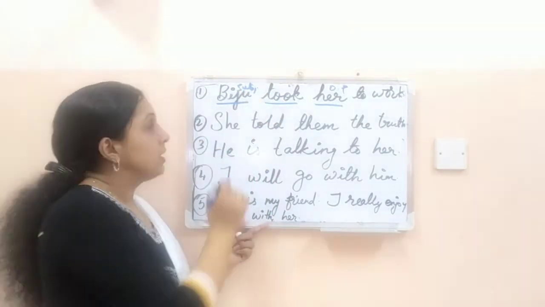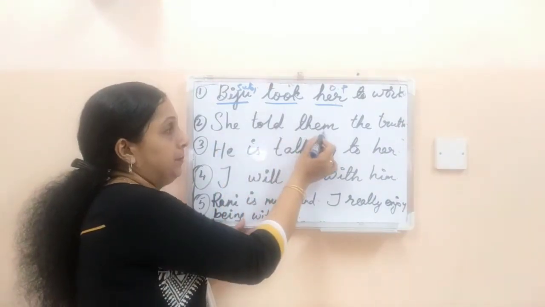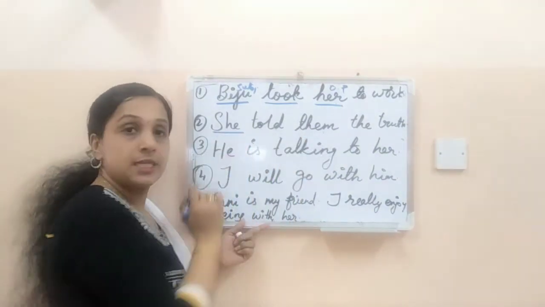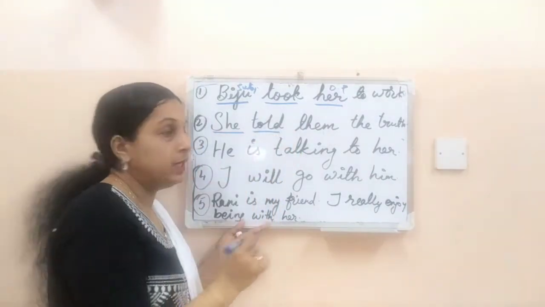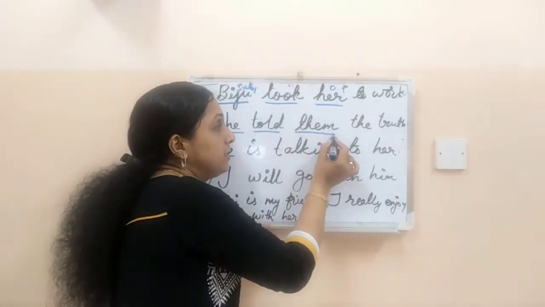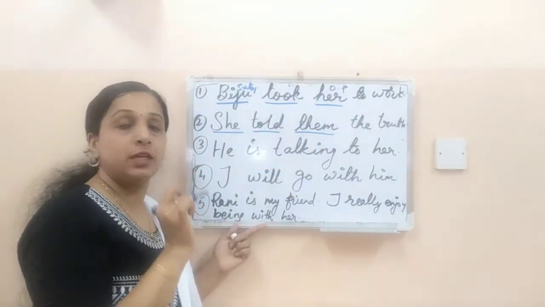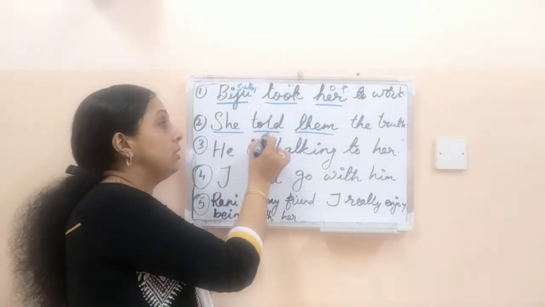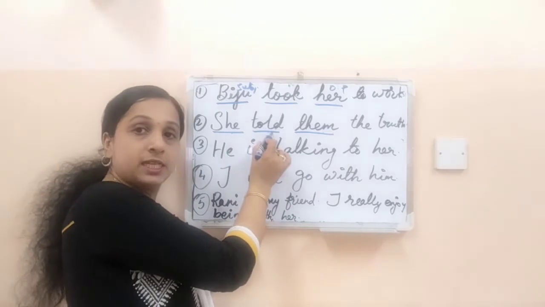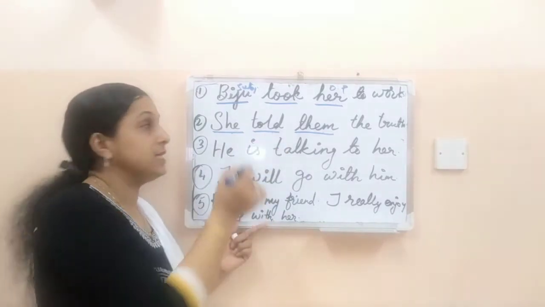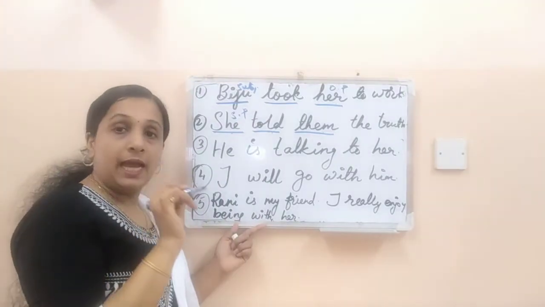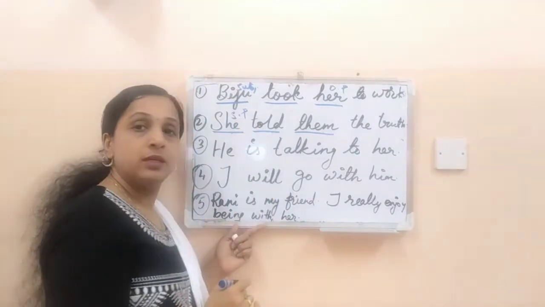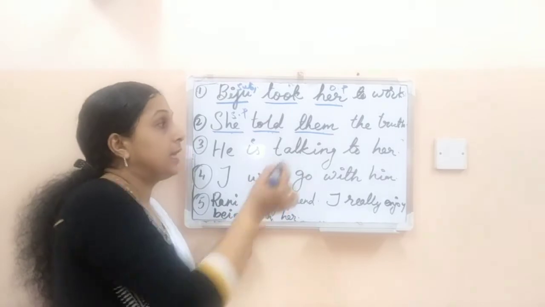Next sentence. She told them. She, subject pronoun. Told is an action word and after that them is an object pronoun. She told. Who does the action? She. That is the subject pronoun. Action word told. Whom? Them.